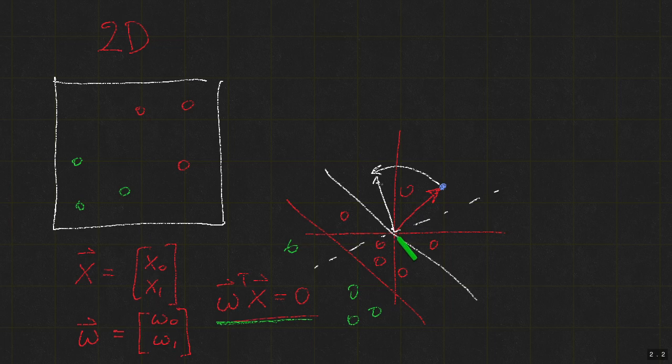Importantly, and I repeat, any point on this line, as we know, has a scalar product or inner product of two vectors of 0, which means they're perpendicular.